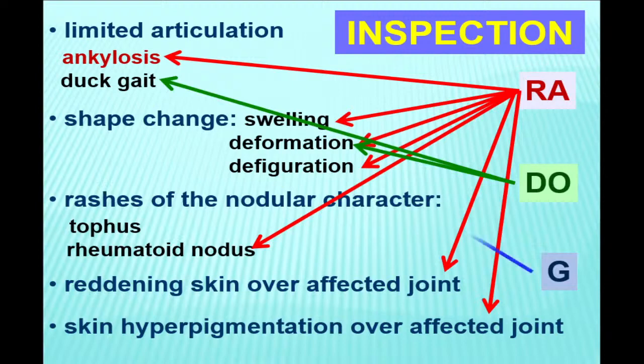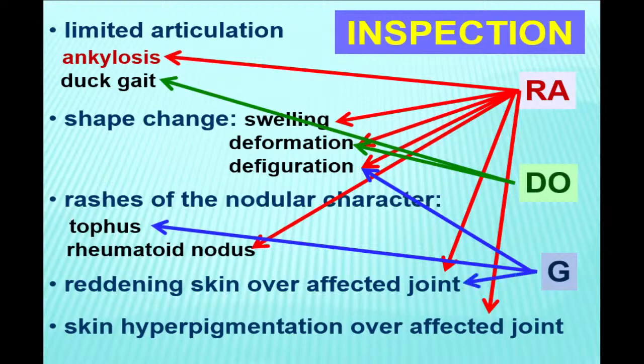And if we are talking about gout, it is characterized by disfiguration because of an active destructive process due to formation of tophus, and during an attack we can see reddening of skin. You see reddening of skin due to an active inflammatory process.